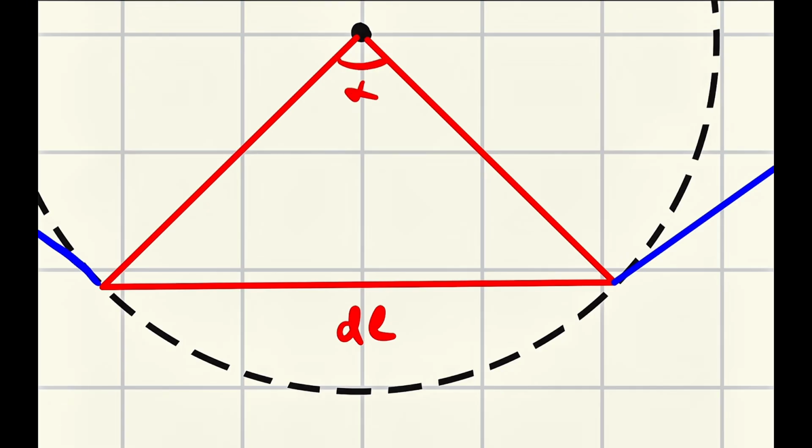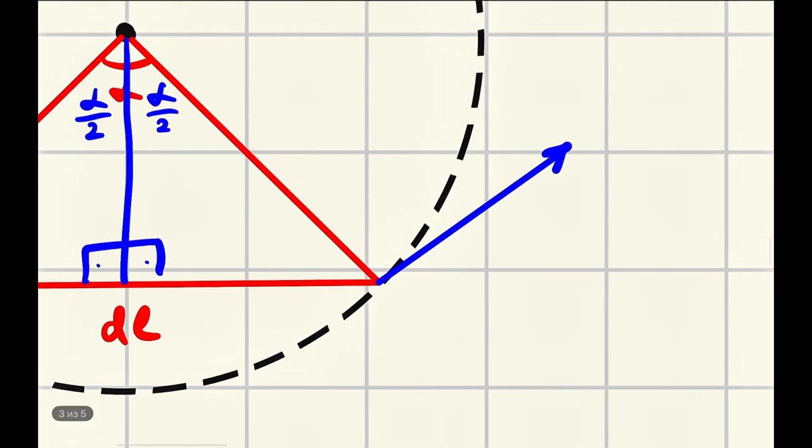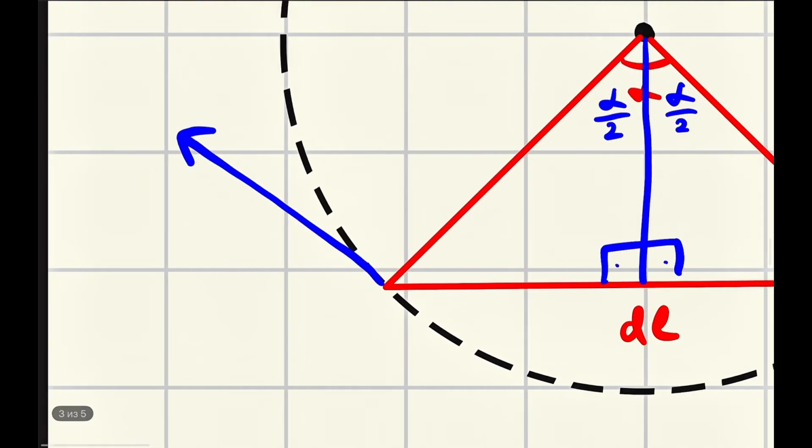If I take something in half, it would be alpha divided by 2. This would be alpha divided by 2 as well. This would be 90 degrees and 90 degrees. And as we can see here, this thing has two components, vertical and horizontal. The same thing happens here.